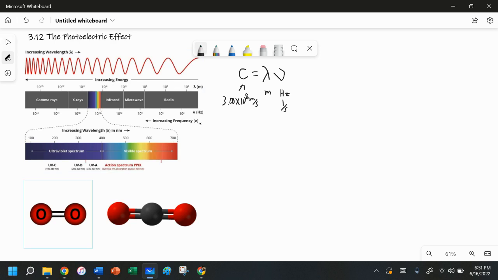So when infrared hits a bond, like the double bond in this oxygen molecule or the double bond in this carbon dioxide molecule, it'll cause those bonds to vibrate with the exact same amount of energy that the photon had. Now, they won't start vibrating with any photon. The photon's energy has to match the vibrational energy of the molecule itself.